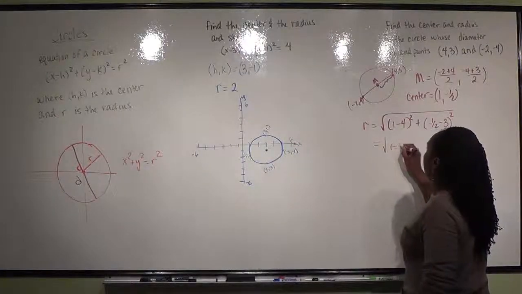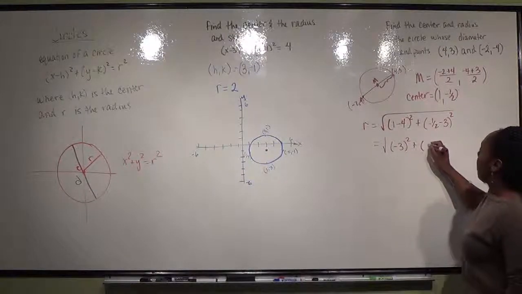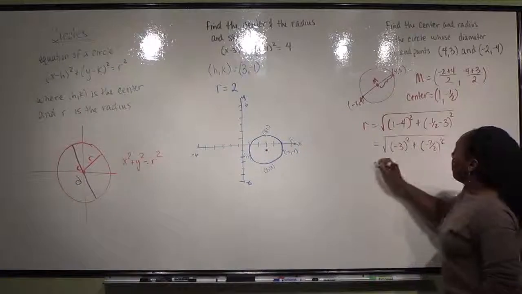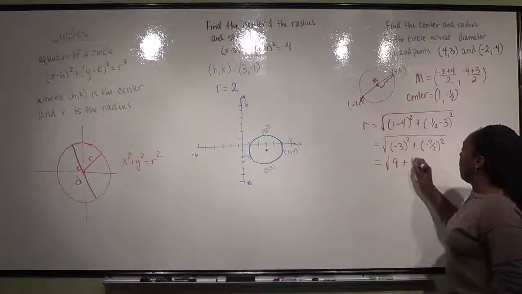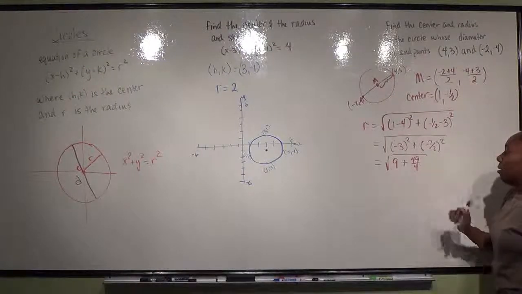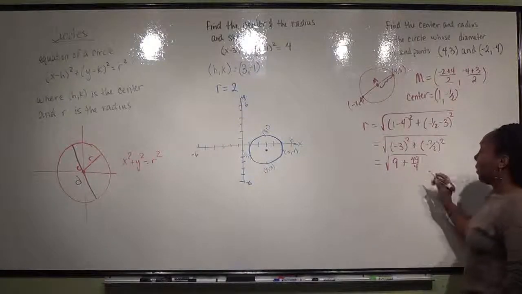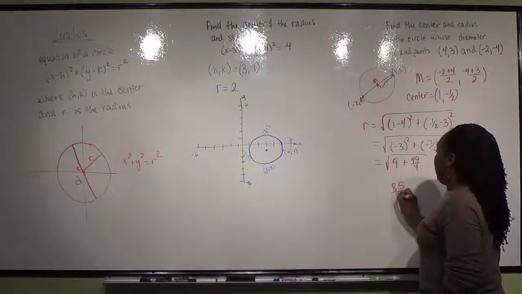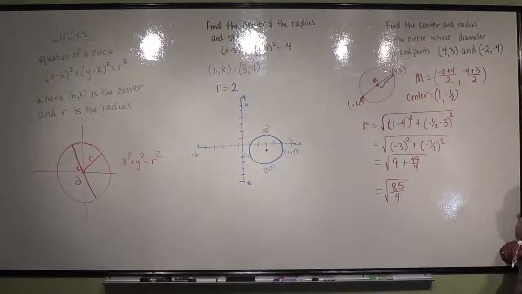So in this case, looking at negative 3 squared, plus over here it looks like a negative 7/2 squared. So that looks like the square root of 9 plus 49 over 4. Go ahead and get your common denominator. Okay, so multiplying by 4, it looks like a 36. So it's going to be 85 over 4 inside our square root.